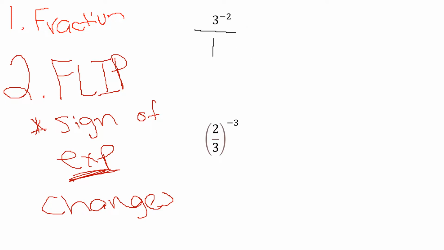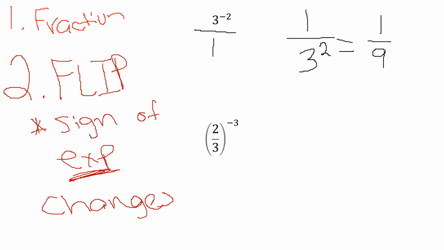You guys have worked with reciprocals forever. The reciprocal is just the flipped fraction. I'm going to flip it. The bottom becomes the top, the top becomes the bottom, except when I flip it, the sign of the exponent changes. So instead of being negative 2, I now have 3 squared, which I can solve. This becomes 1/9, okay?